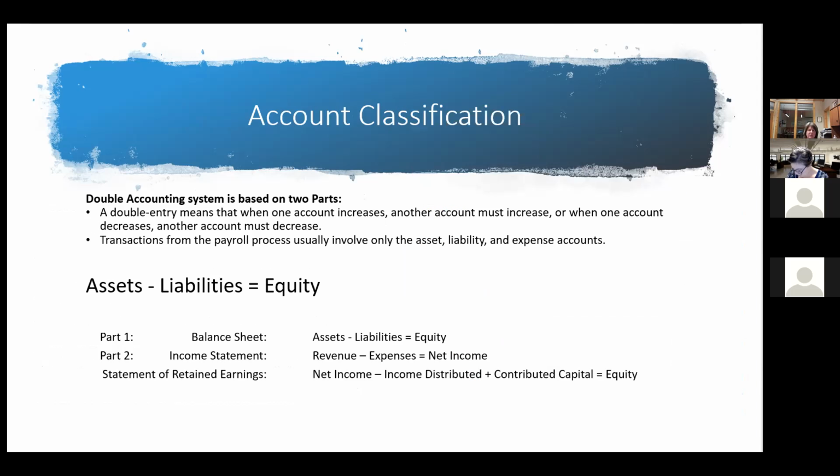The statement of retained earnings is the net income minus income distributed plus contributed capital equals the equity. So retained earnings are the earnings that a company retains within the company. They had their sales minus their expenses to get the net income.